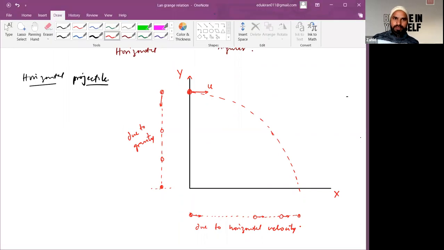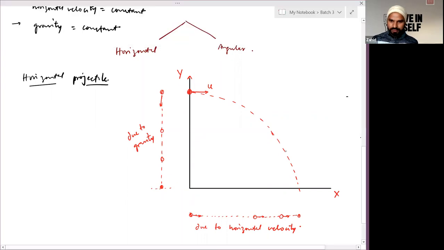Now, using these two terms, at any instant, let's say at this point, it will have velocity along x-axis, velocity along y-axis as Vy, and the resultant of these two as V, which may be inclined at some angle theta with respect to the horizontal.